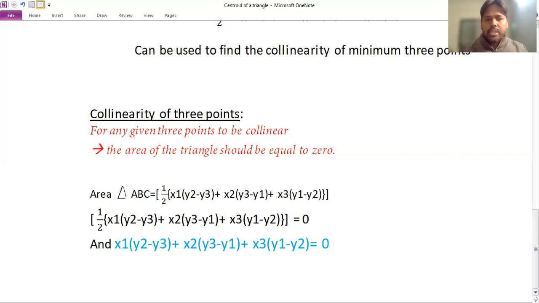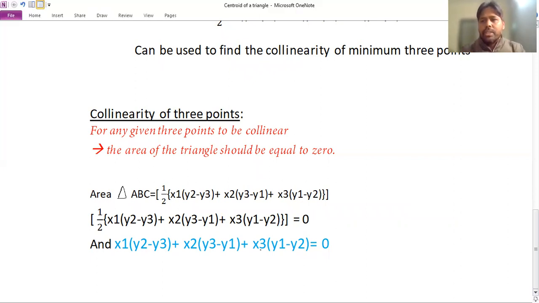Now what we do here is, if this area is equated to 0, then cross multiplying the 2 in the denominator with 0 will give us 0 finally, and hence we will get the value marked in blue, that is x1 multiplied by y2 minus y3 plus x2 multiplied by y3 minus y1 plus x3 multiplied by y1 minus y2.